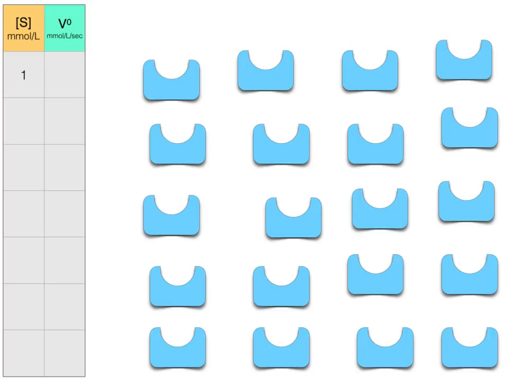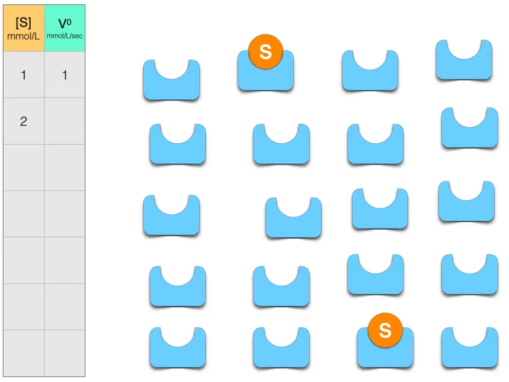With just one substrate, after a given time, there would be one product formed. So let's put that, one substrate, one product formed. Now let's start on a clean slate. Let's slowly increase the amount of substrates that will be introduced.